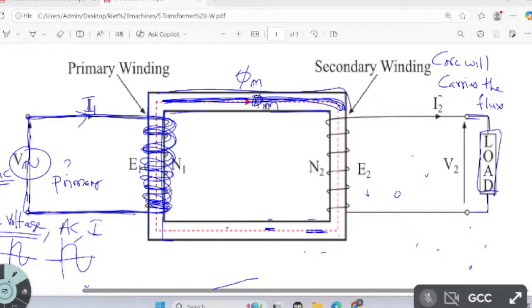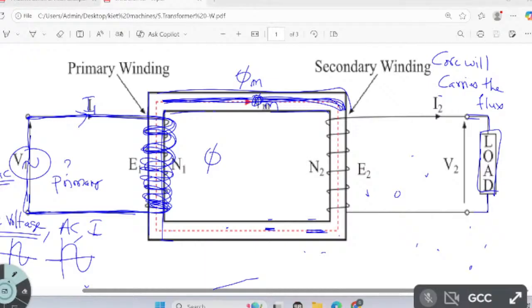This winding is wound around the iron core. Because of only one reason, that this winding is wound around the core, it is capable of establishing a flux in the core.